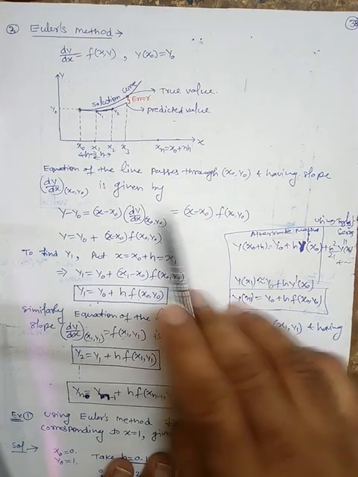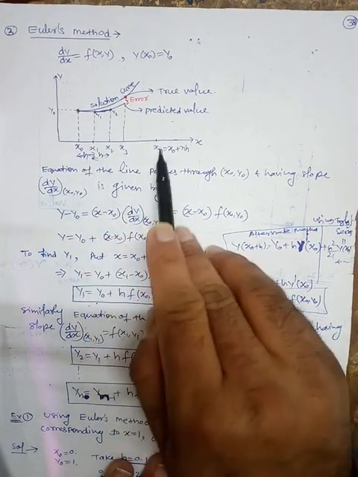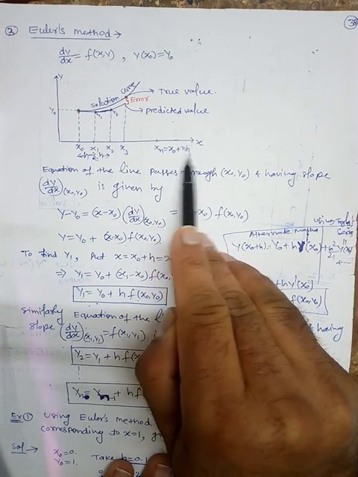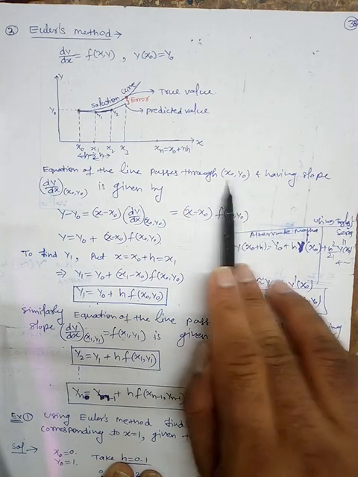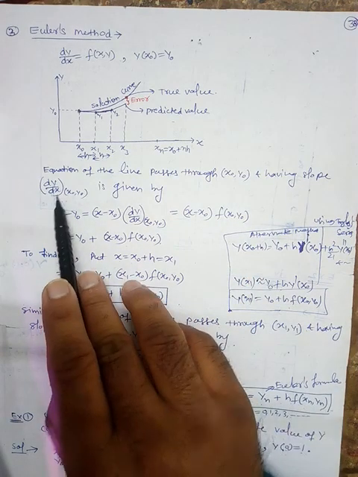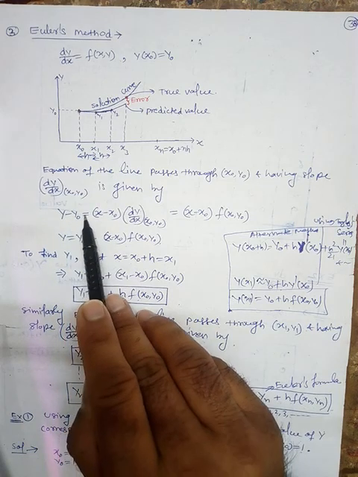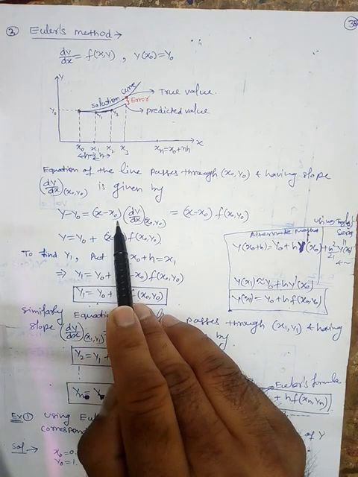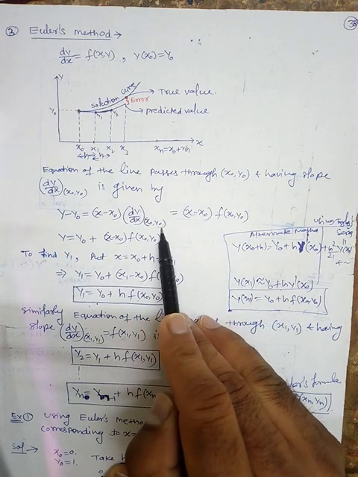Here is x naught, x1, x2, x3, and since the step size is h, xn can be written as x naught plus nh. Now the equation of the line that passes through x naught, y naught, and has slope dy by dx at that point is given by y minus y naught equals x minus x naught multiplied by the slope dy by dx at x naught, y naught.